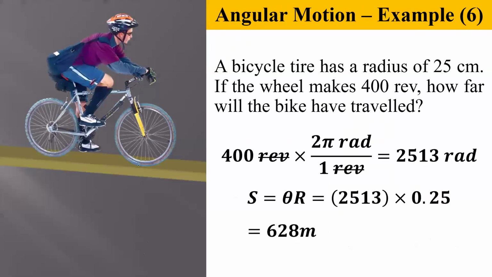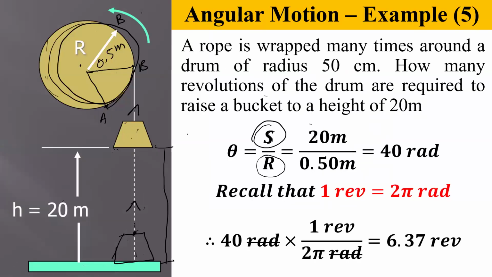Converting 50 to meters, you divide by 100, so you'll get 0.50, which now gives you your angle. That's the total angle you make around here: 40 rads. So the angle that you have made around the circle is 40 radians.